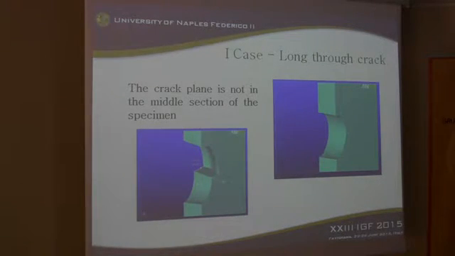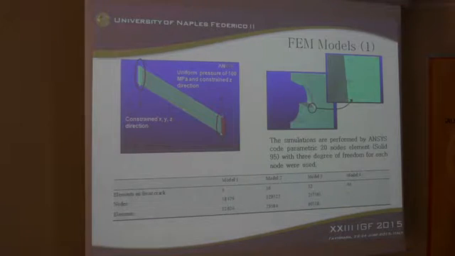The first case, the specimen with the long through crack. The crack plane is not in the middle of the section of the specimen. The specimen was modeled with 20-node elements with 3 degrees of freedom for each node.